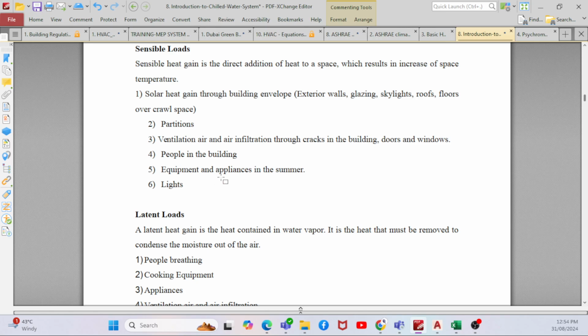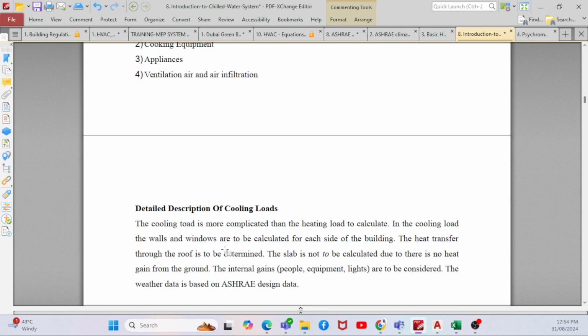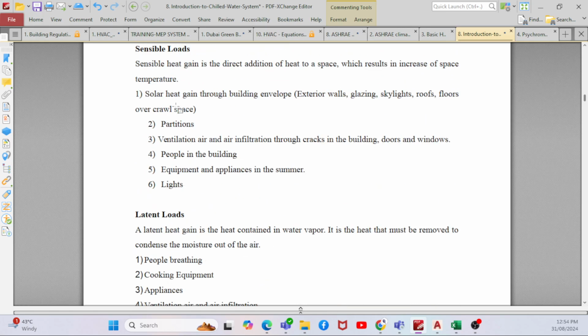If you have equipment or appliances in the summer, like computers, any equipment will have a sensible load. Lights also have a sensible load, okay. When you talk about latent load, it is moisture in the air, like people breathing. When you breathe, there is moisture in the air, okay. Cooking equipment, appliances, ventilation air and infiltration as well, okay. So this is the sensible load and latent load.